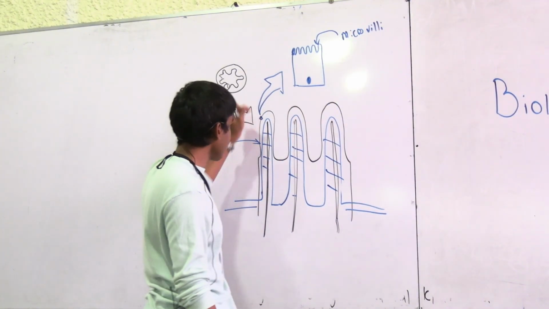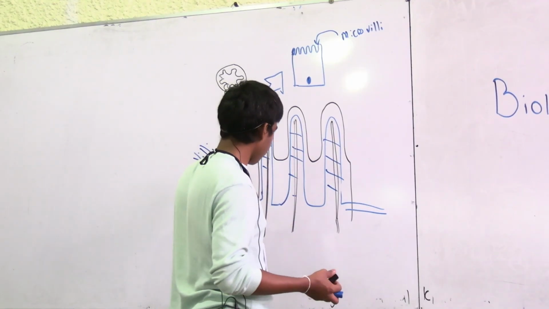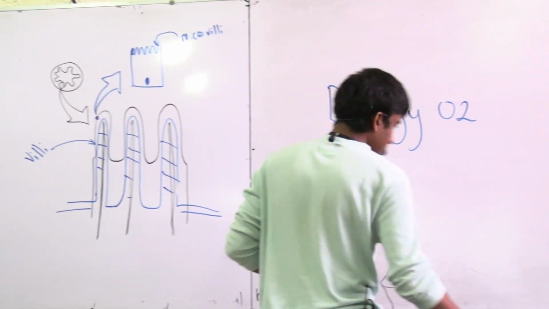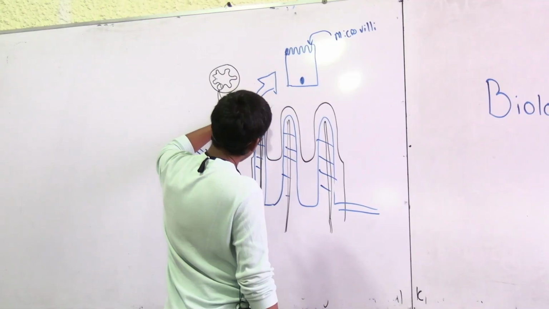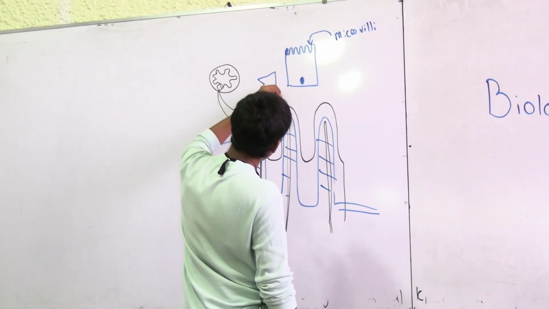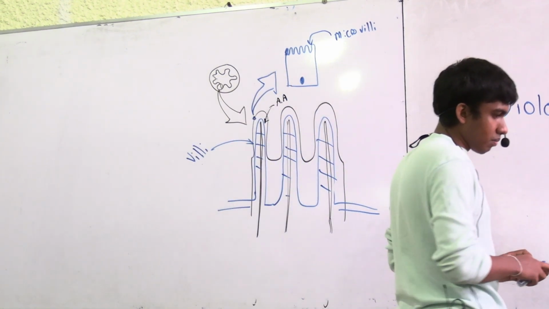So the nutrients that are absorbed, if we refer to the question: amino acids are absorbed by the blood vessels.